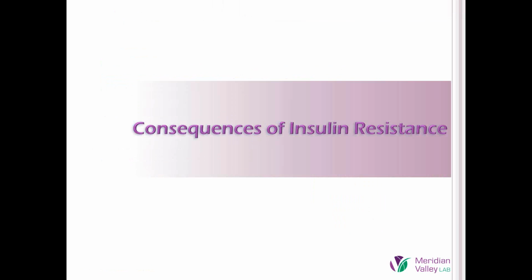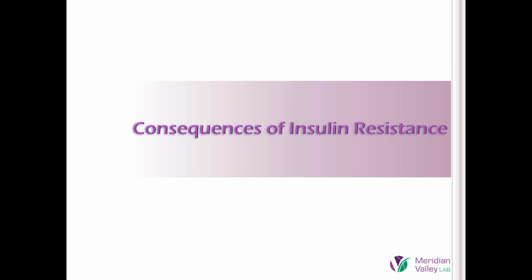Now, we've talked about 6 causes, 6 mechanisms of insulin resistance, and certainly, as I mentioned before, this was not an exhaustive list. But what I'd like to do now is transition to some consequences, things that flow forth from insulin resistance once it's present.